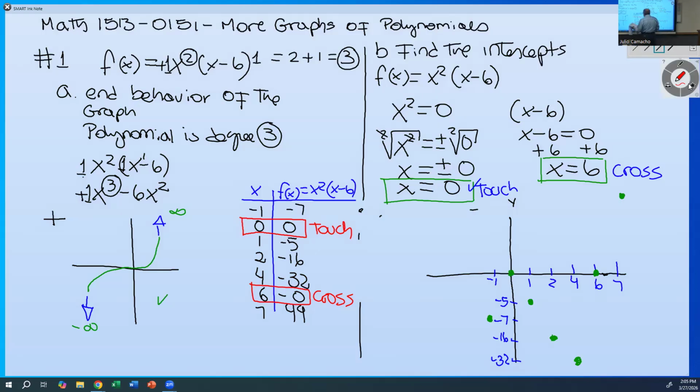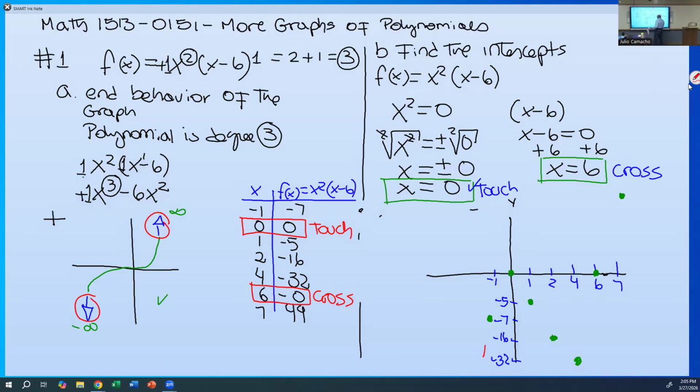And remember what we predict here in the beginning. We said that the graph will fall in the left and will rise in the right. And that is exactly what this graph is following.